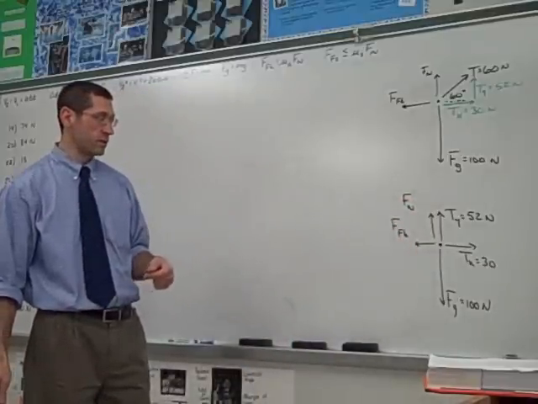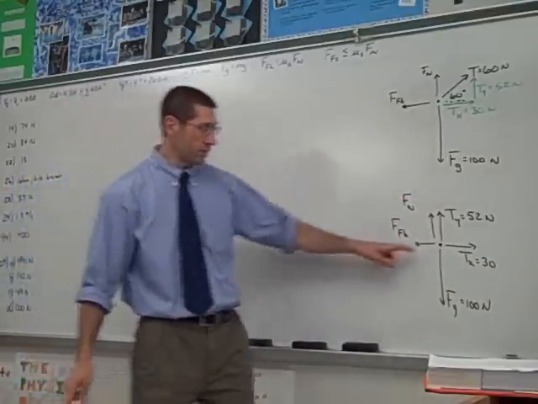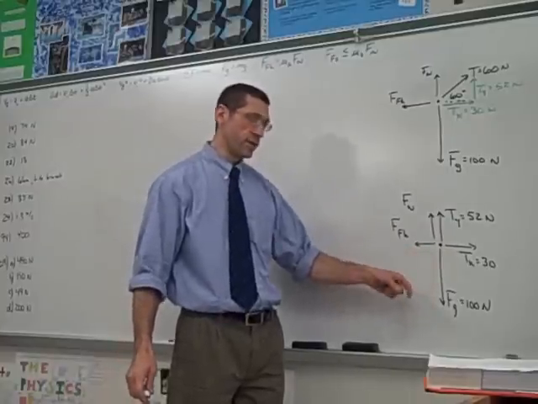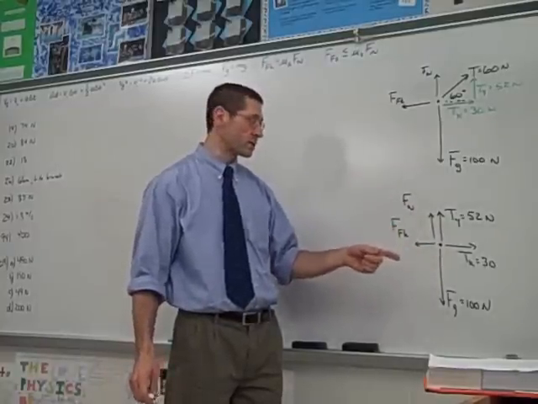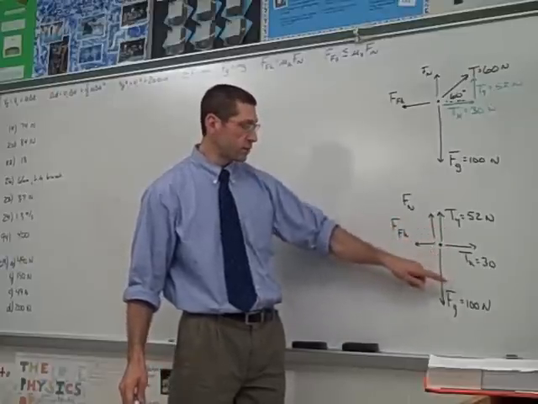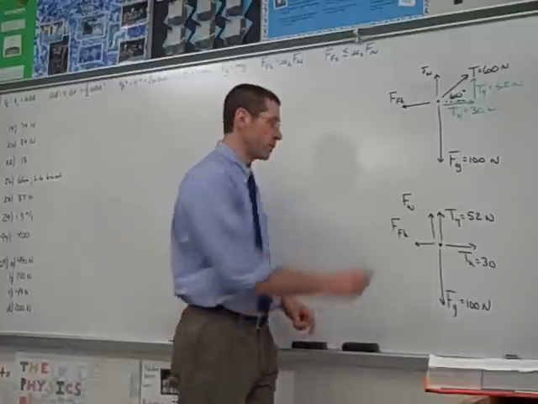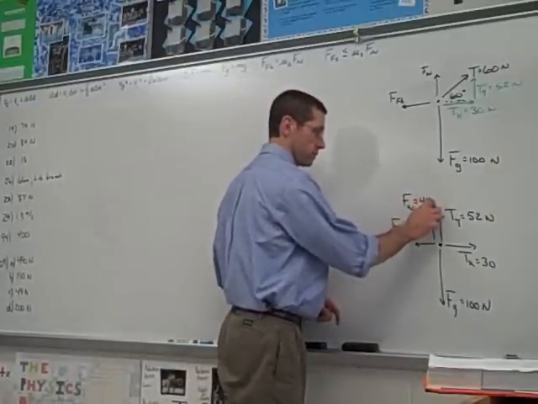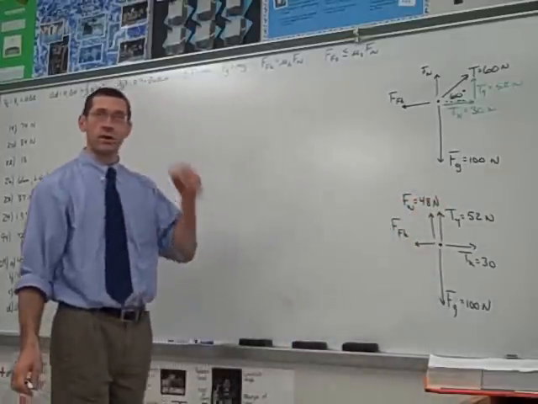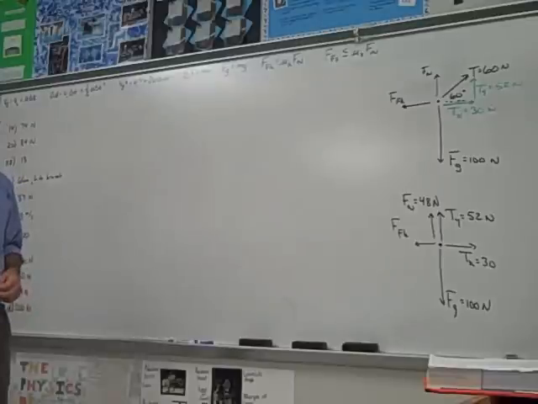So if you have 100 newtons down, and you're in equilibrium with respect to the y direction, that means that your normal force is going to be 52 newtons less than 100, or 48 newtons. Okay, so those are our three forces in the y direction, and the y is in equilibrium.